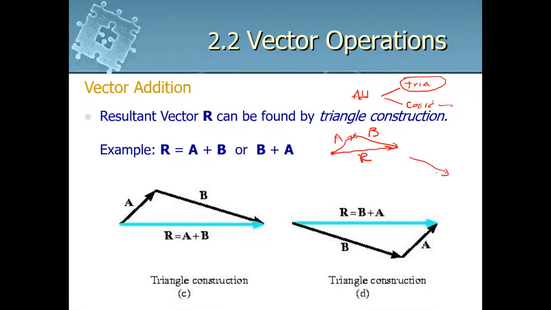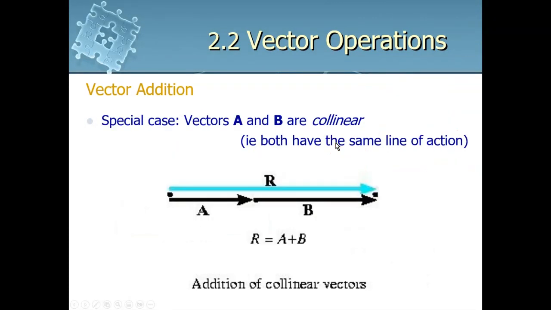I put the tail of the second one, that is a, at the head of the first one, b, and then I go from the tail of the first one to the head of the second one, and that is r. So this is b plus a, that is a plus b, and both of them are equal. This method of addition is called the method of triangle.